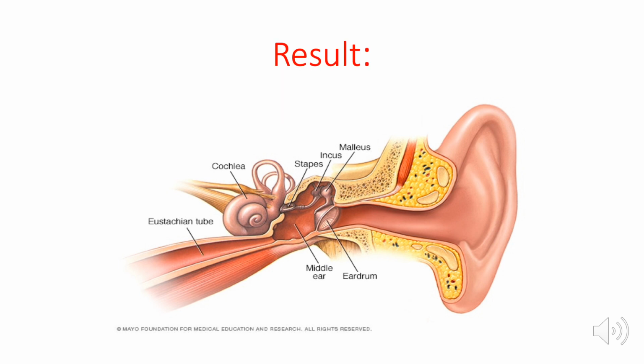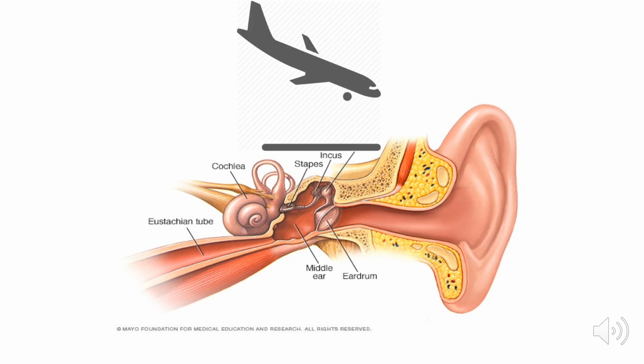Because of the eustachian tube, the pressure between the middle ear and atmospheric pressure will be equal. But as the plane descends, the atmospheric pressure will increase. And the atmospheric pressure will become greater than that of the middle ear.